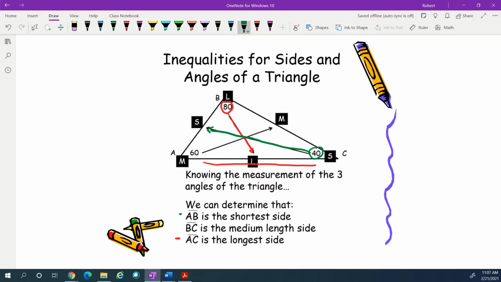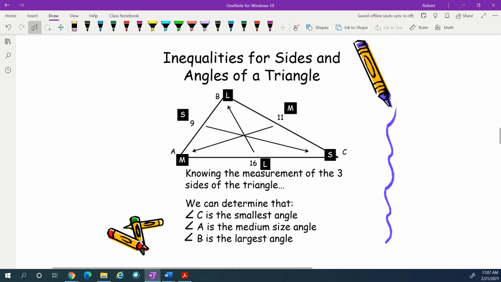And we're left with the medium. So personally, I tend to do them in that order. The biggest, the smallest, and then the leftover is the medium. But whatever works for you as an individual. And then we can list them in whatever order we have to. So again, angles and sides that are opposite of each other is a really important relationship in triangles. If we can identify them and label them, then we can list them in whatever order we need to.